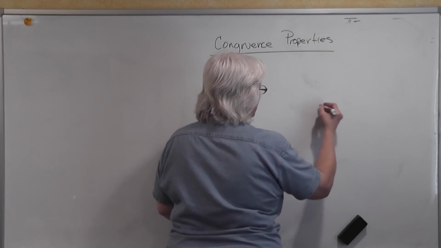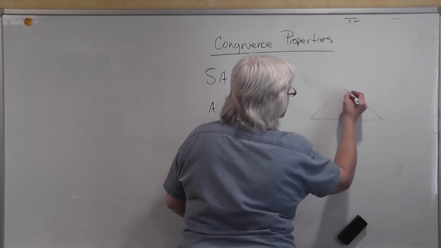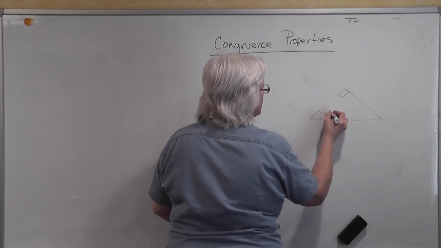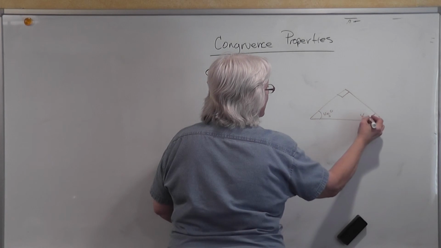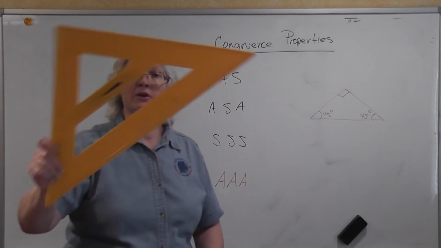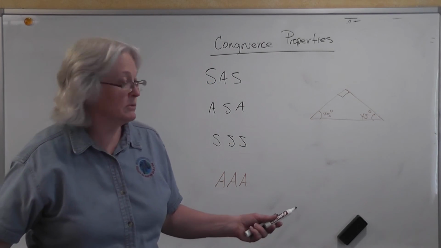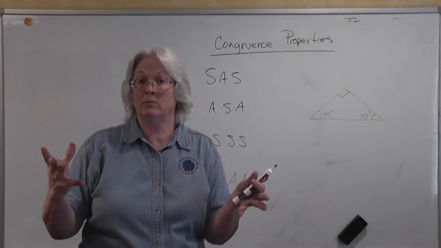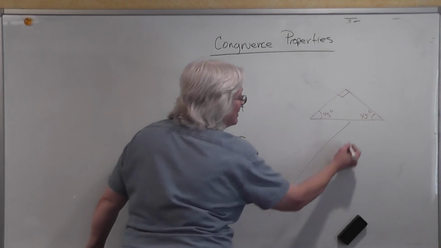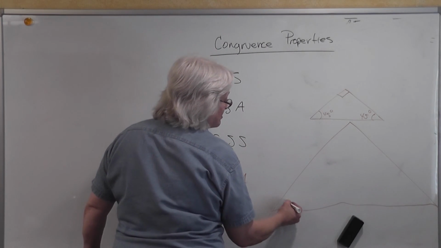Some of you know about a 45-degree right triangle. One of those angles is 90 degrees, and the other 2 angles are 45 degrees. Matter of fact, that's what I said that this triangle was. It's a 45-degree right triangle. Well, shouldn't it be that if the angles are the same? No, you know exactly where I'm going, don't you? Here is another 45-degree right triangle.